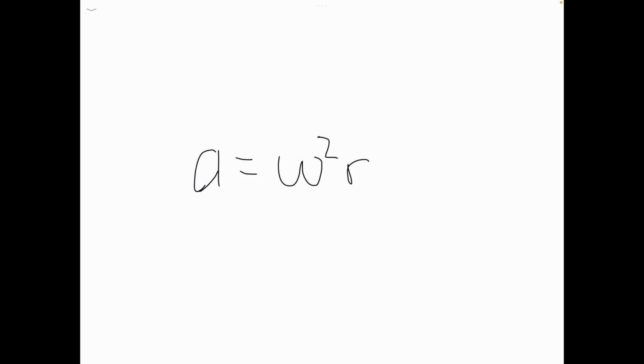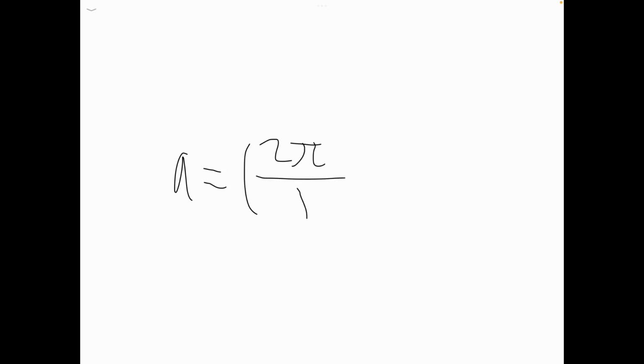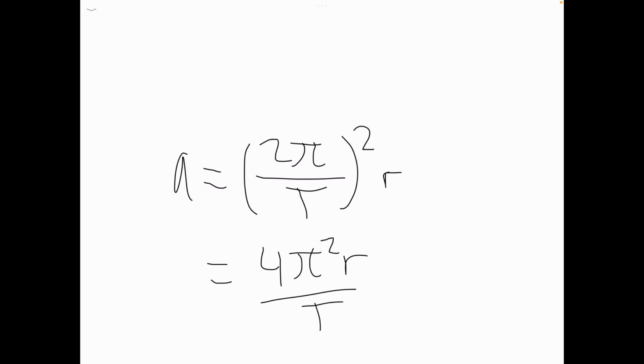Alternatively, since we know angular velocity is omega equal to 2 pi over T, this means that centripetal acceleration can also be written as A is equal to 2 pi over T, squared, times r, or 4 pi squared times r over T squared. This equation shows how centripetal acceleration relates to the linear speed and the angular speed.